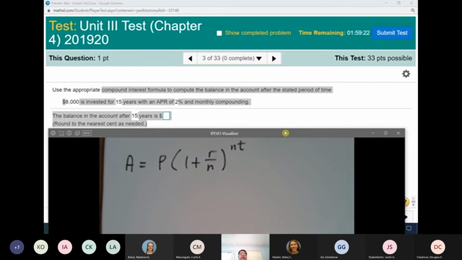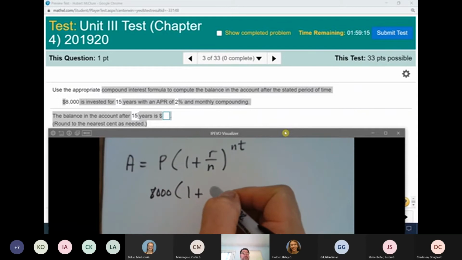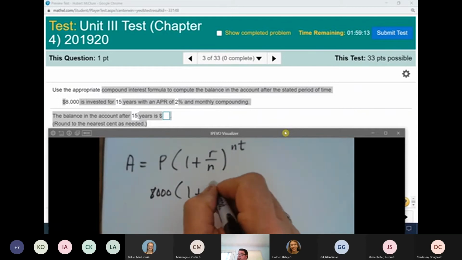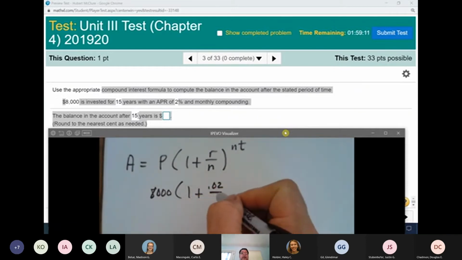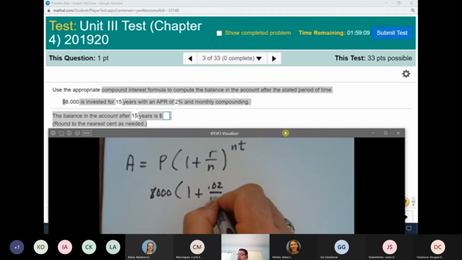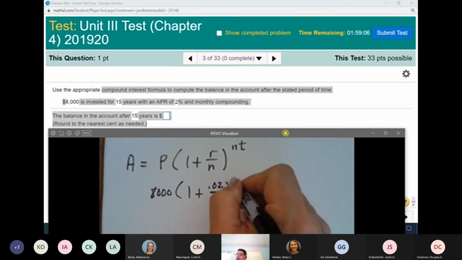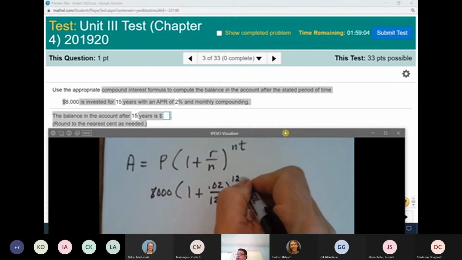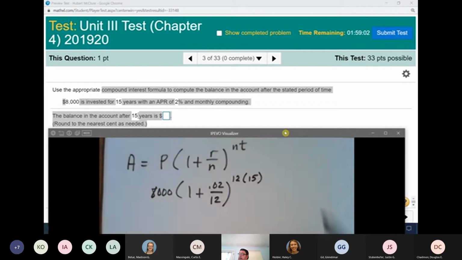And I'll write down the stuff for you. 8,000, 1 plus 0.02 divided by monthly compounding, divided by 12, 12 times 15. And that's what you would type into the calculator.